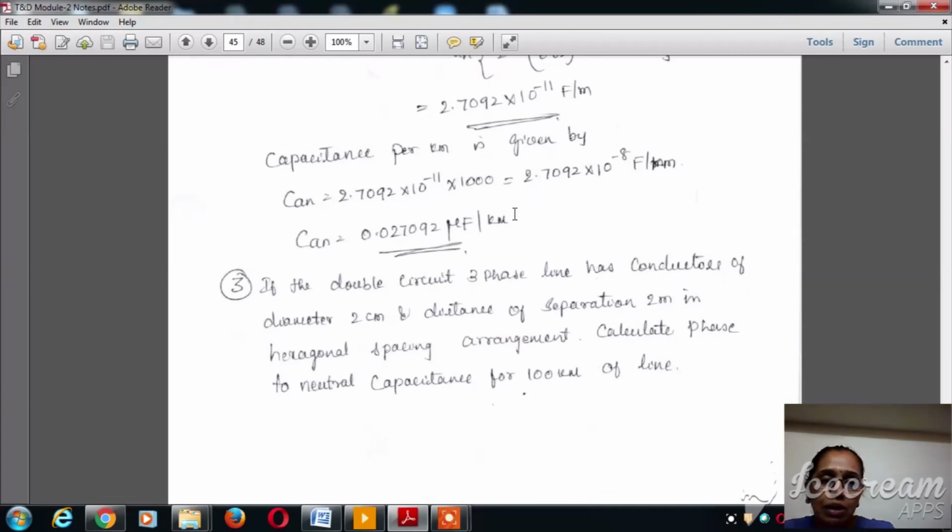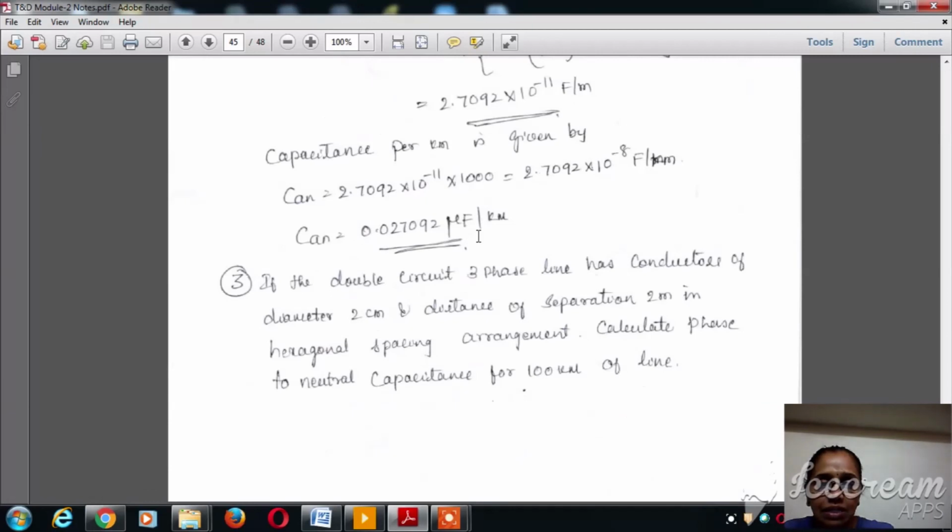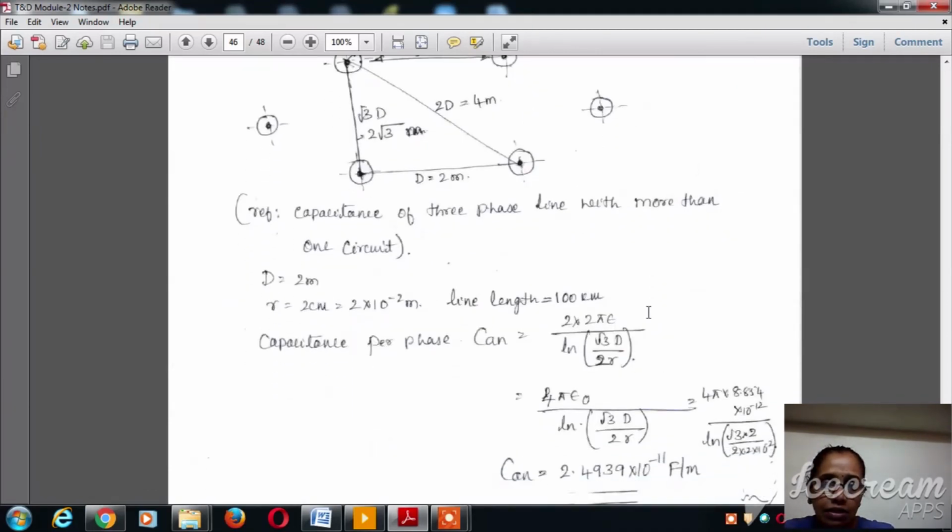Now the capacitance per kilometer is given by CAN is equal to 2.7092 into 10 to the power minus 11 multiplied by 1000, so it can be expressed in terms of per kilometer. Now CAN works out to be 0.027092 microfarad per kilometer.